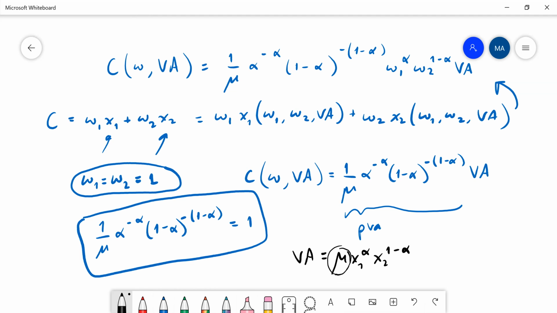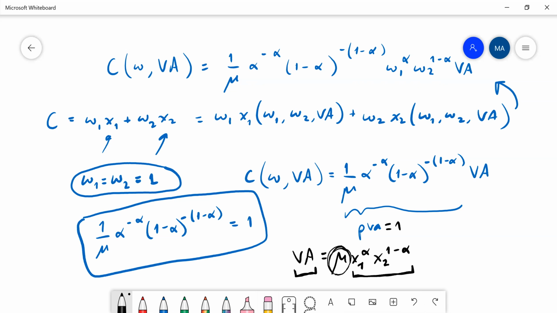It depends on how I measure the production, how I measure these inputs, and how I convert the measurement unit of this composite to the measurement unit of value added. So I can actually choose it to normalize this to 1.